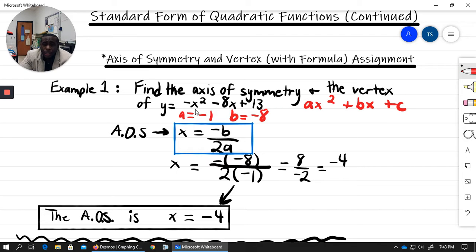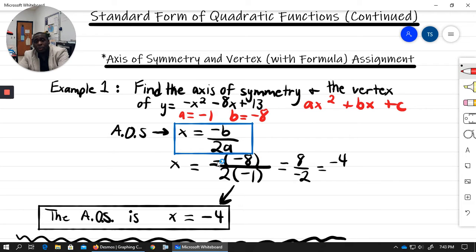And we need to write out the equation for that axis of symmetry. So again, that formula is x equals negative b over 2a. Remember that negative b is not negative b; it is the opposite of whatever b is. You take the opposite, meaning that you multiply it times negative 1, because the coefficient of b is negative 1.